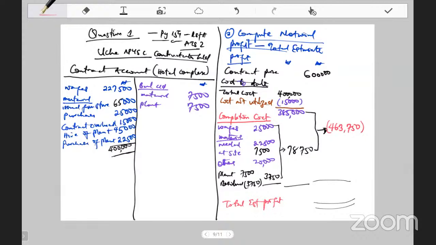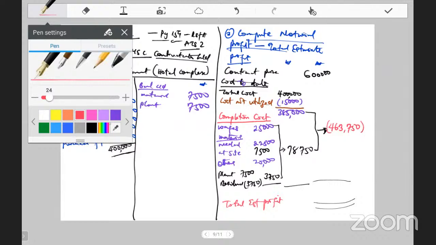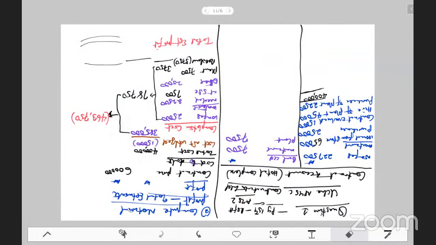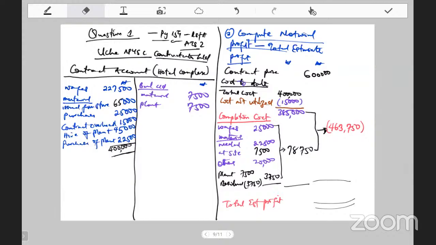So what's our total estimated profit, please? 136,250. 136,250. Any question? So we've been able to get all those.